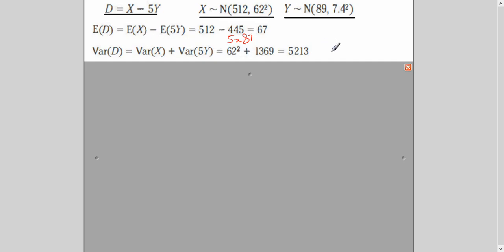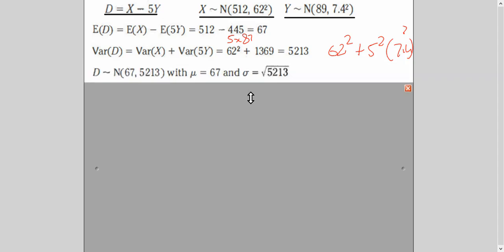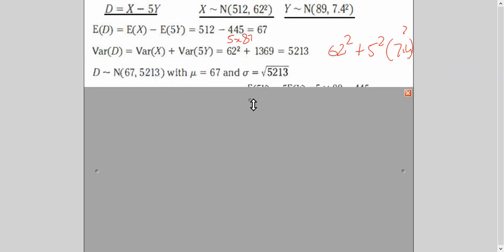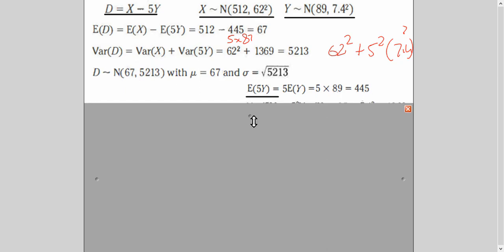So we are doing here variance of x is 62 square plus 5 square times variance of y, and we will get this. So now we have mean and variance for d, which is for x minus 5y. So once you have this distribution, now you can find out the probability of the question, right?